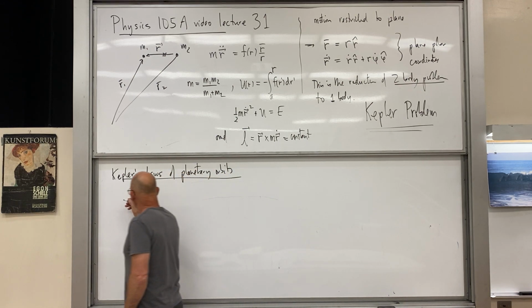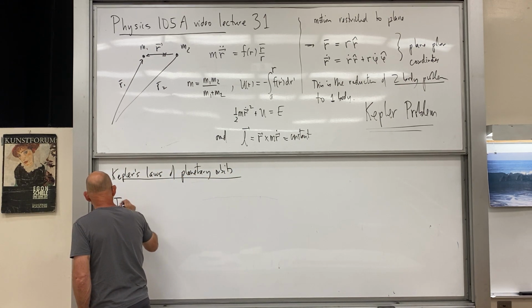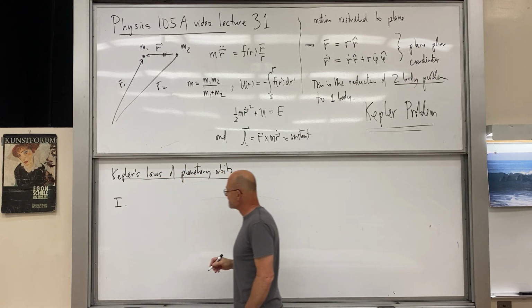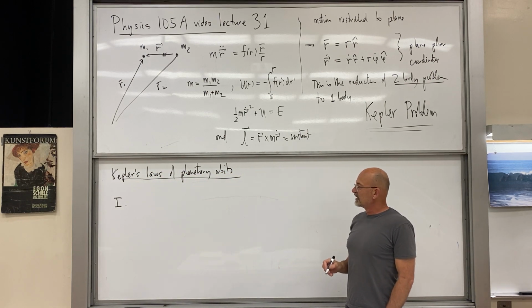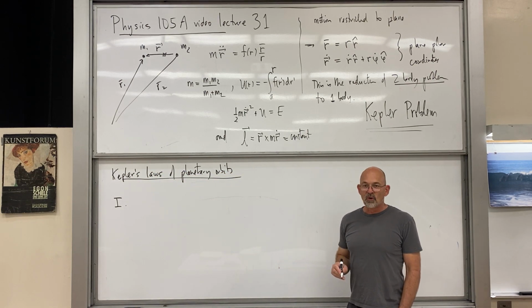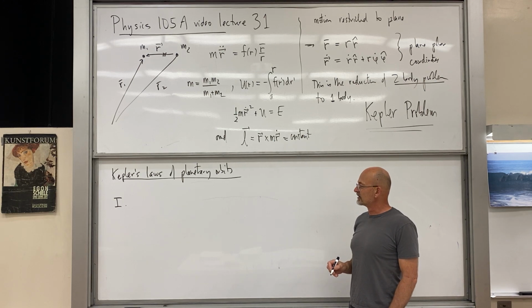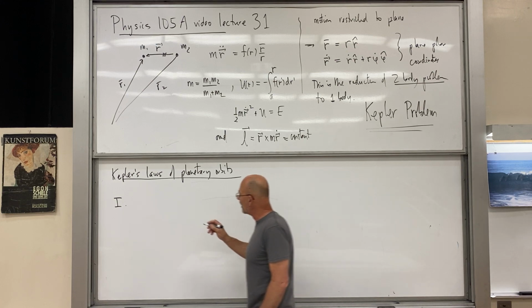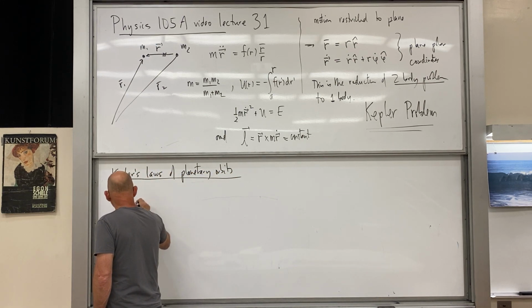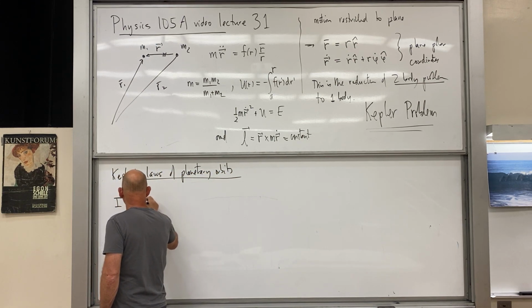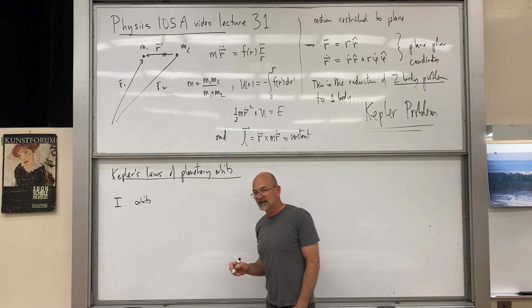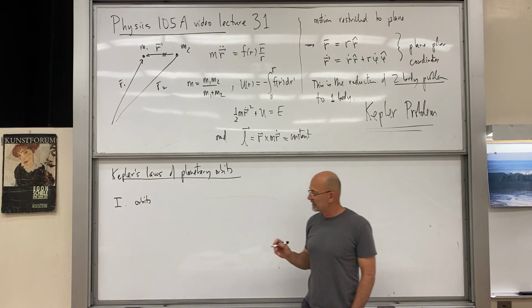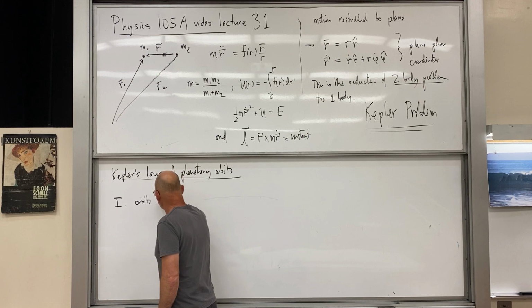The first one is about the shape of the orbit and with regards to the sun. So the first law is that the orbits of the planets around the sun are ellipses. Okay.